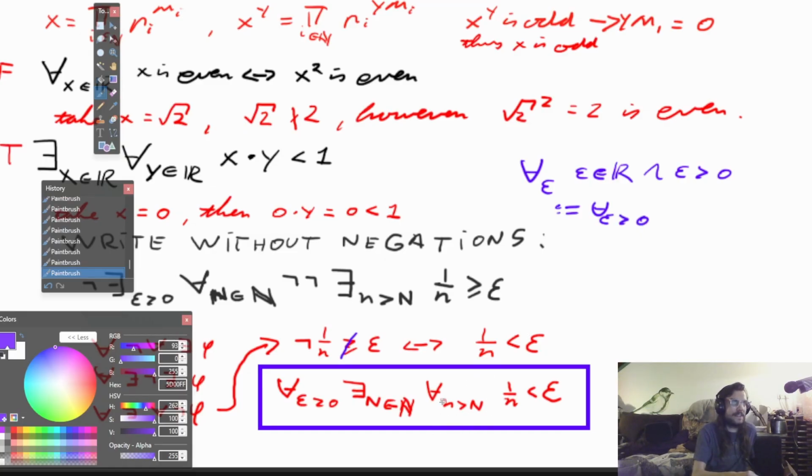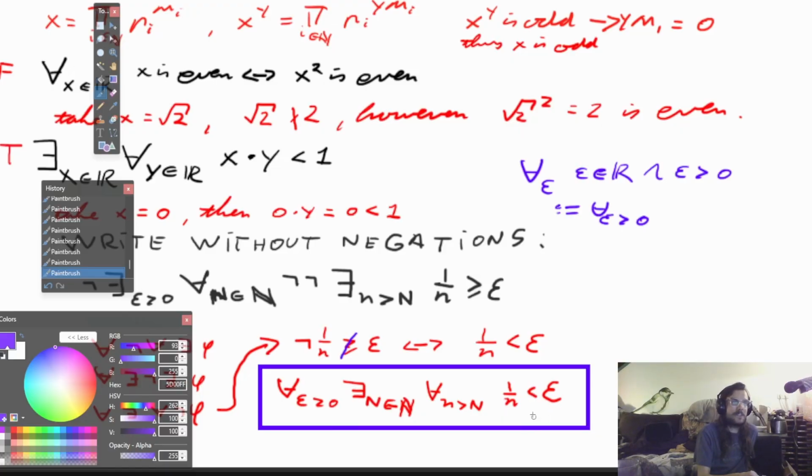And you can guess this n is a natural number, although in this case it would be true for real numbers, but in general we see this as a natural number. So what does this statement say? It says every positive number you pick, there is always a certain threshold n for which all n that are larger than this threshold n, 1 divided by this large n, is smaller than your number epsilon.